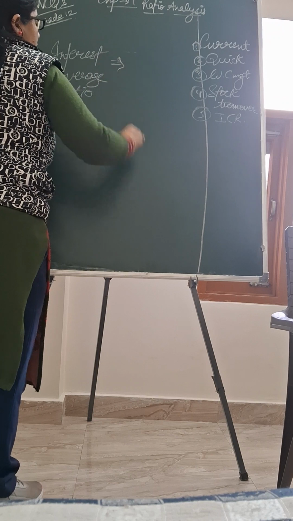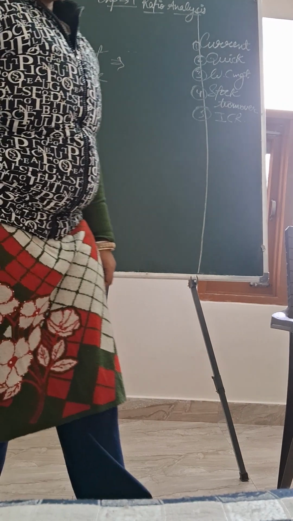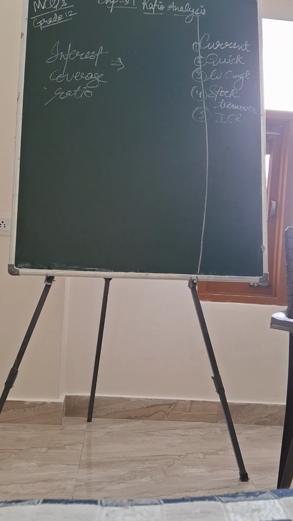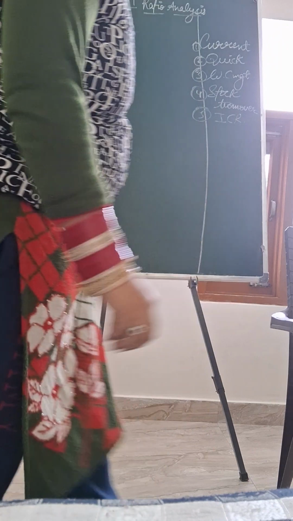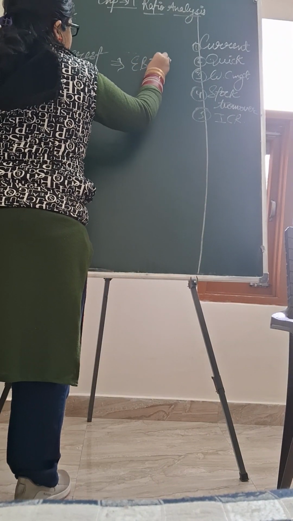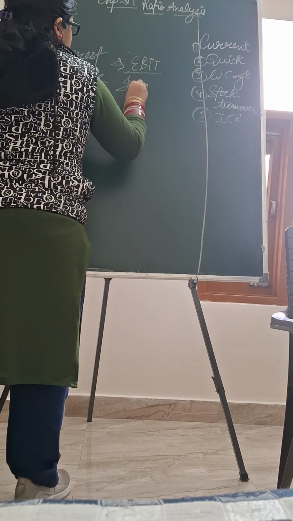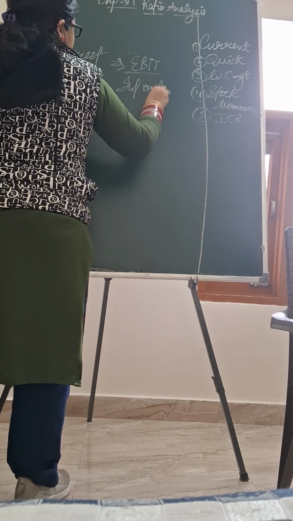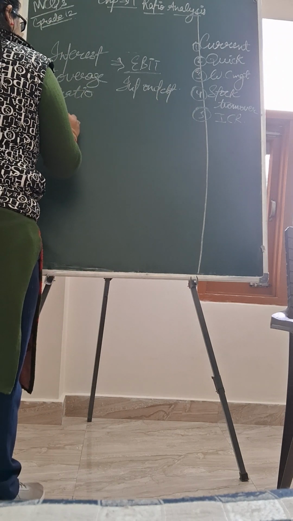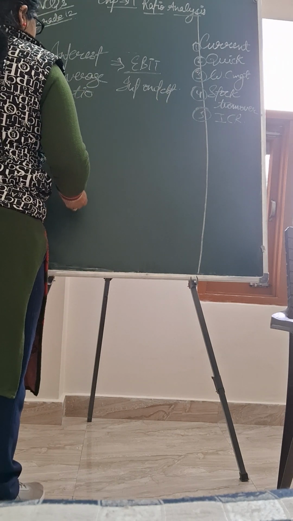Now when we talk about interest coverage ratio, you should know that to calculate it, it is EBIT over interest on debt. That is, EBIT, earning before interest and tax, over interest on debt. Now here I would like to tell about earning before interest and tax.